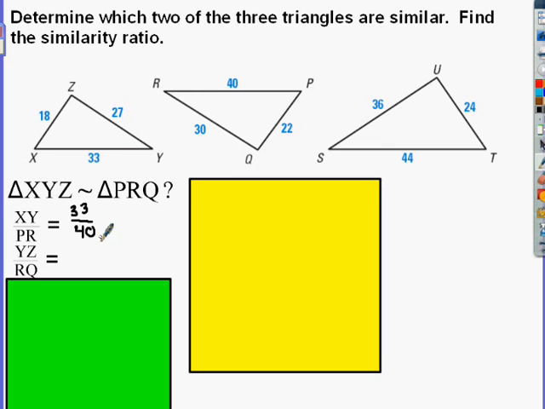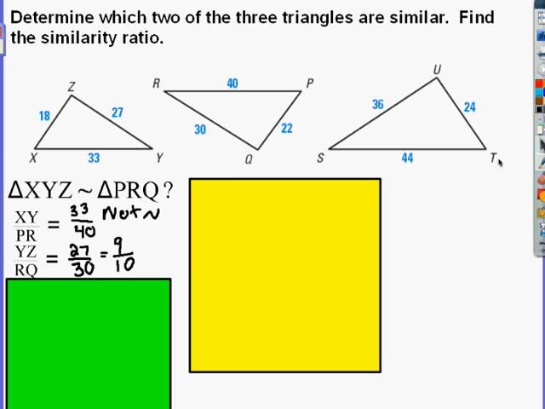So YZ is 27, RQ is 30. When I reduce this, it looks like 3 goes into both. So 27 divided by 3 would give me 9. 30 divided by 3 would give me 10. Already, I can say to myself, the sides are not proportional, so these triangles are not similar. So those are not the ones I'm looking for.